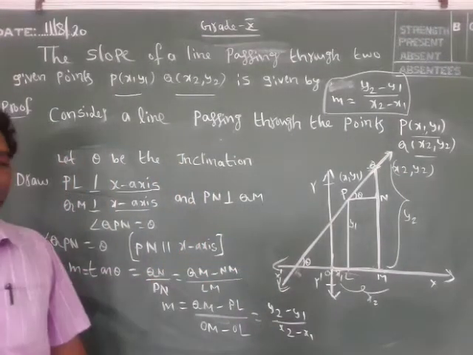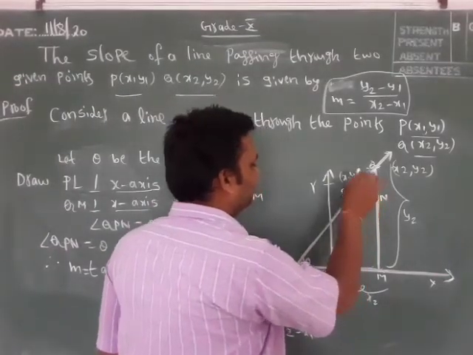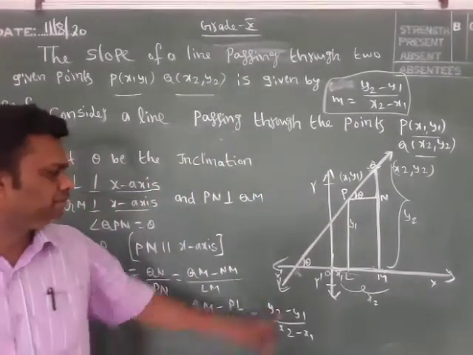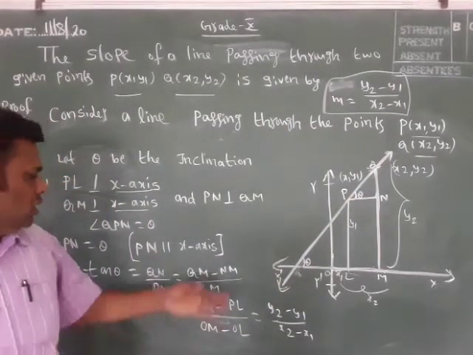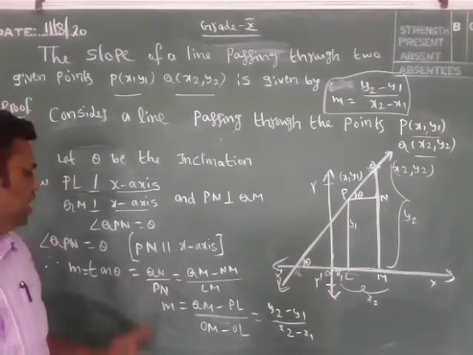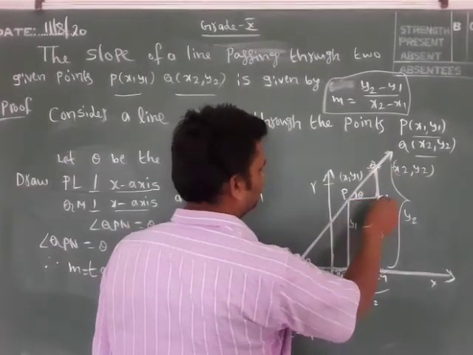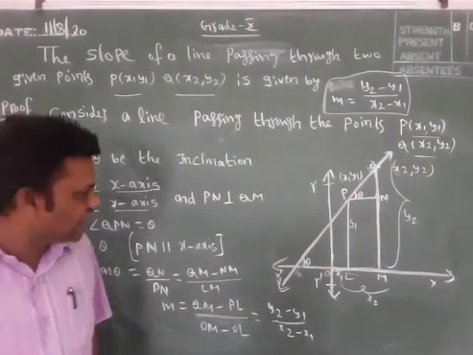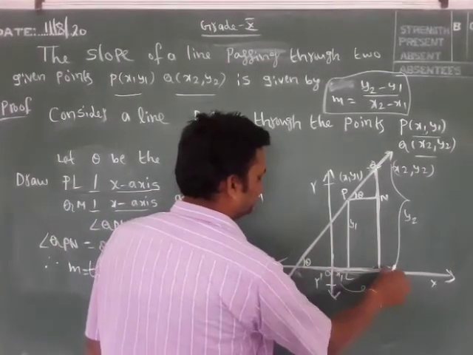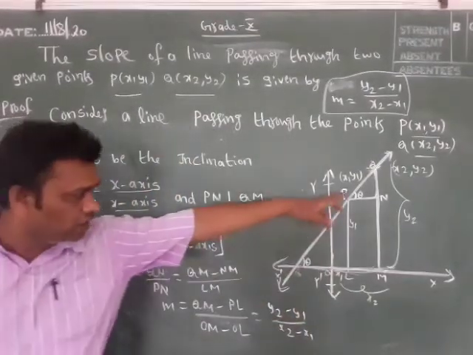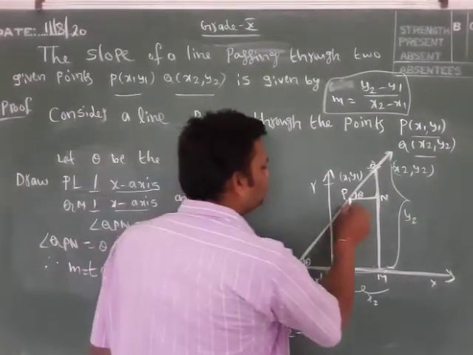The angle we are taking is theta. Angle QPN is theta because PN is parallel to the x-axis, so we get the inclination here.